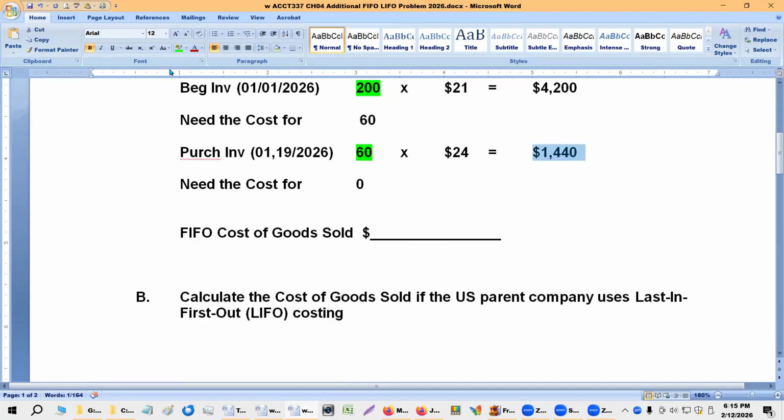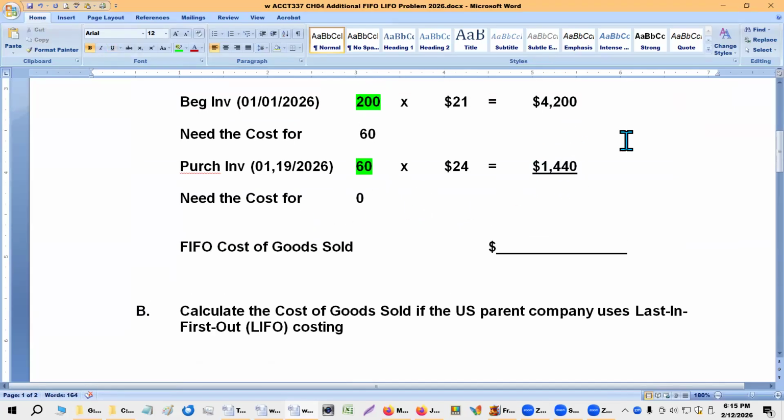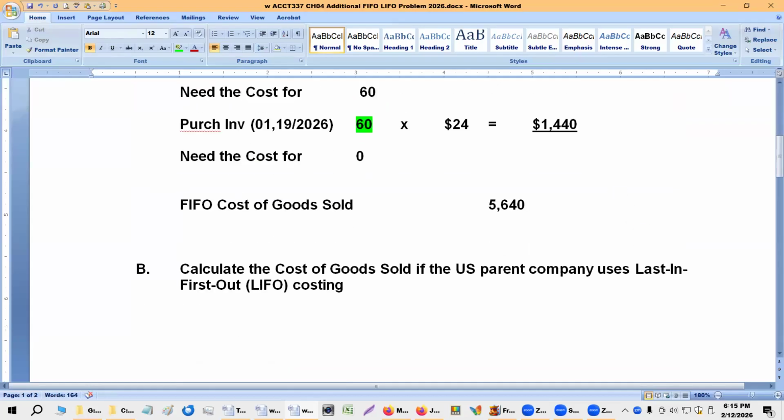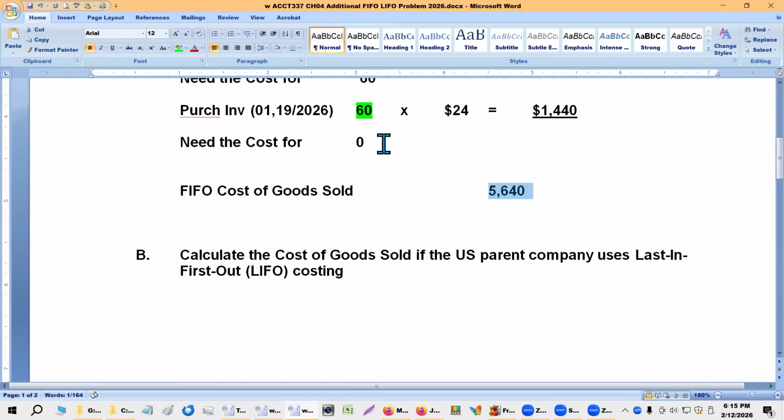And so this will be the total cost of goods sold. I'm going to move this over. Those two together, what is that? 5,640. So this will be our FIFO cost of goods sold.